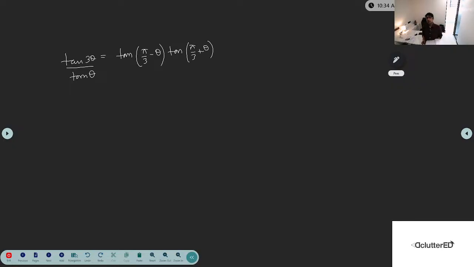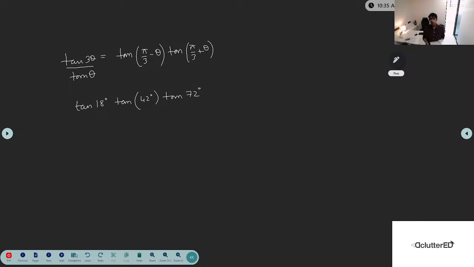Now, there will be multiple questions that might come in the form of tan 18 degrees into tan, let's do 42 degrees and tan 72 degrees.